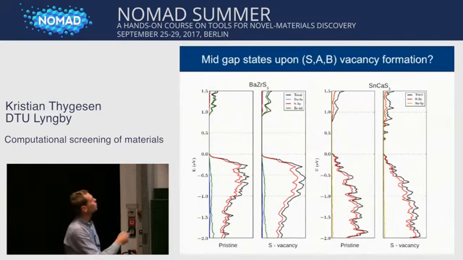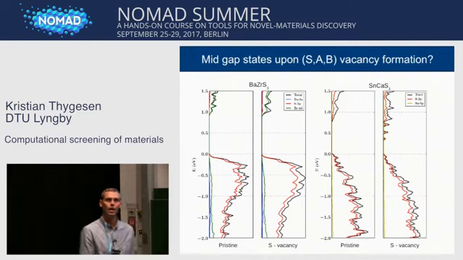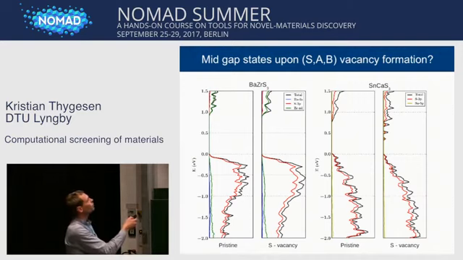Okay? So what we did is we took all of the materials that we have left at this point of our screening, and we simply created sulfur vacancies and vacancies of the A and the B metal atoms, and then we calculated the band structure and looked for states inside the band gap.